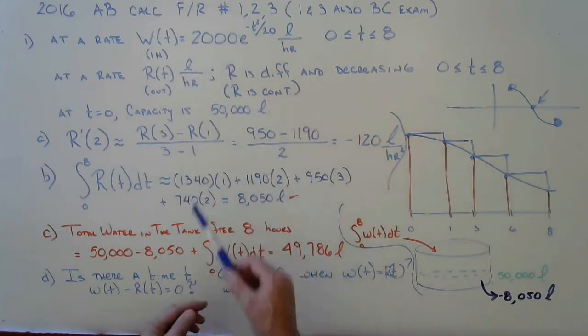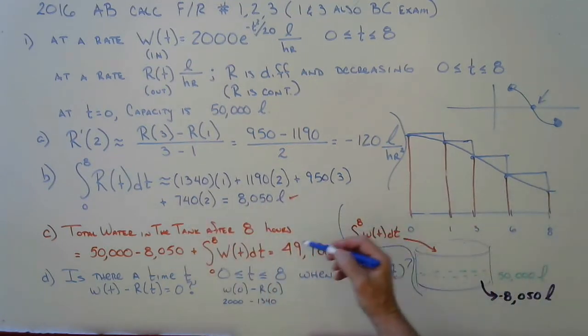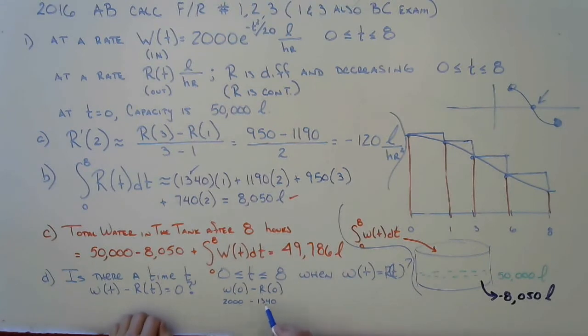We get 2,000 for this. We know what R of 0 is. If we take a look at our chart, they give us R of 0. R of 0 is 1,340 liters. It's up in the chart. We haven't used it anywhere. Well, actually, we used it right here, so hopefully we remember that. So what does that mean? 2,000 minus 1,340 is greater than 0. So the difference between these two functions is positive at time 0.